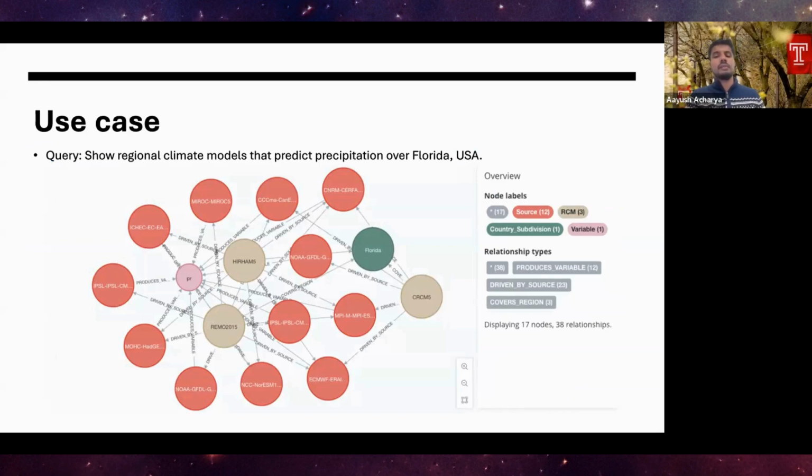The pink one is the variable it produces, which is precipitation, in the standard CF standard names. Florida, which is in green, is a country subdivision, which is a state, so it's in the node type country subdivision. It's a very clear visualization of what is present and how the models are interconnected.